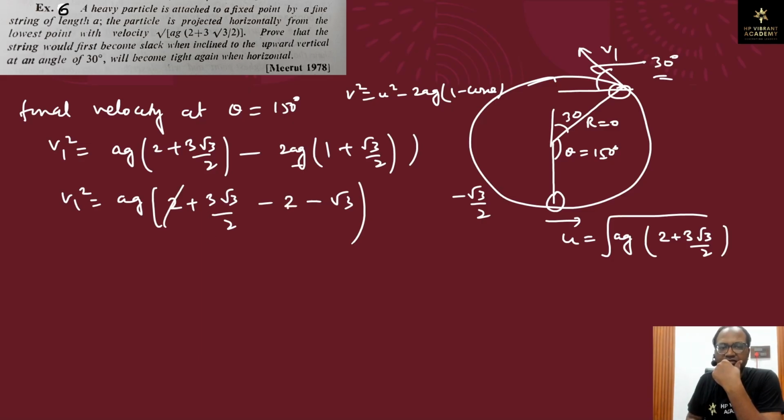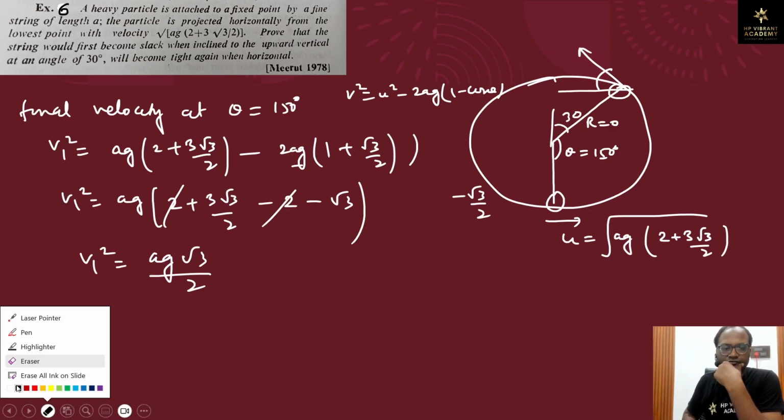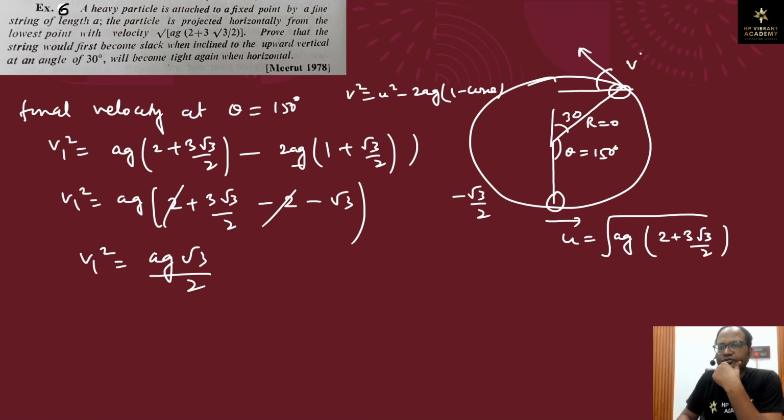So we have v1 square is equal to ag times root 3 upon 2. 3 minus 2 is 1. So v1 square is equal to root 3 upon 2 ag.